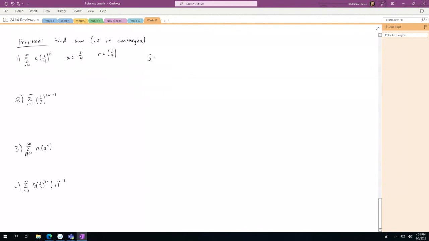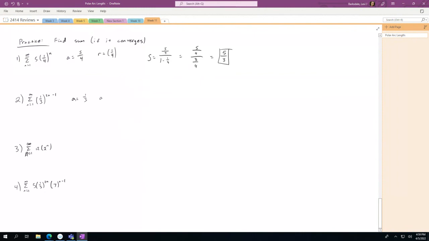In this case, our sum is equal to a over 1 minus r, so 5/4 over 1 minus 1/4, which is equal to 5/4 over 3/4, which is equal to 5/3. For our second problem, we find our first term by plugging in n equals 1. We have 1/3 to the 2 minus 1, which is 1/3.